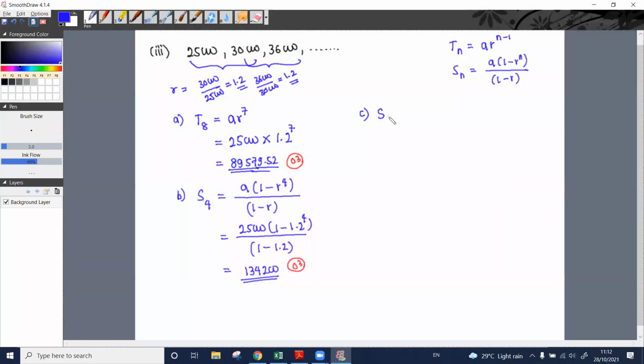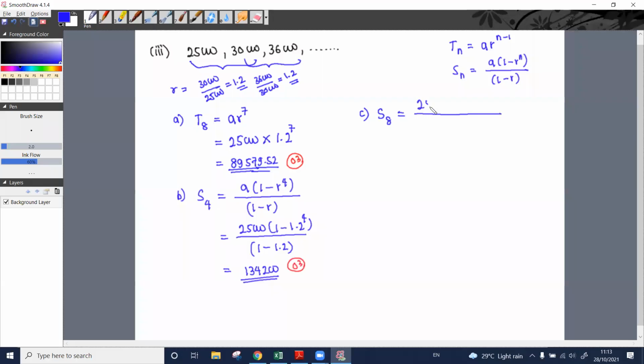So we can get the sum of first 8 terms. Sum of first 8 terms we can find.